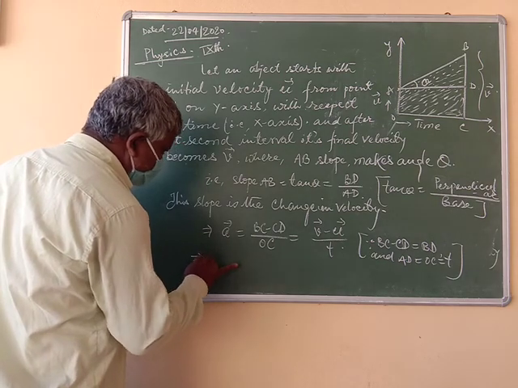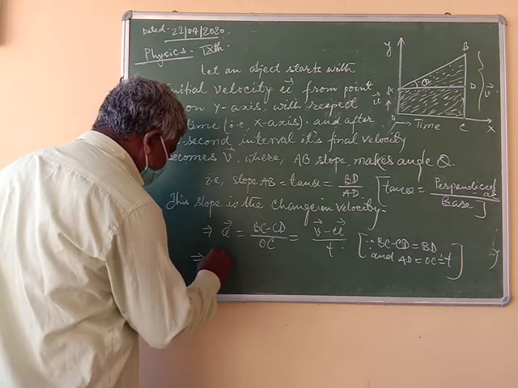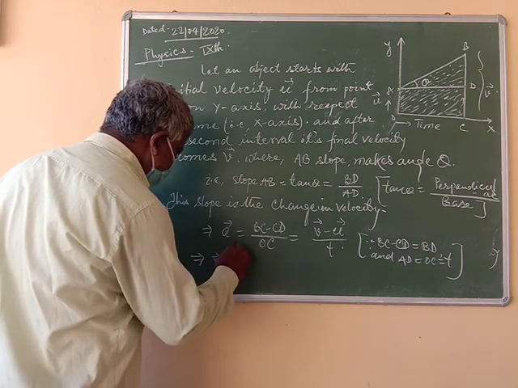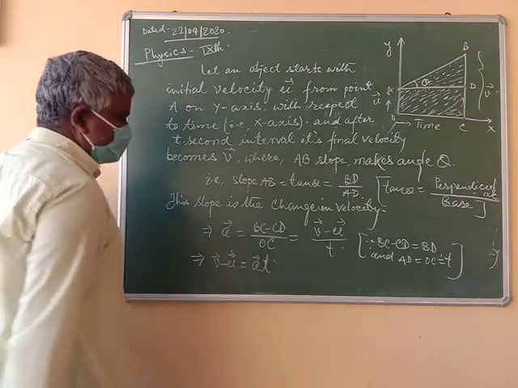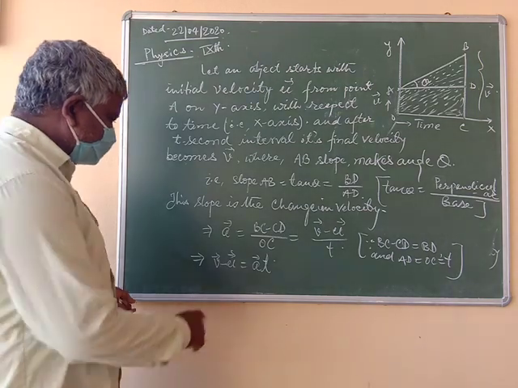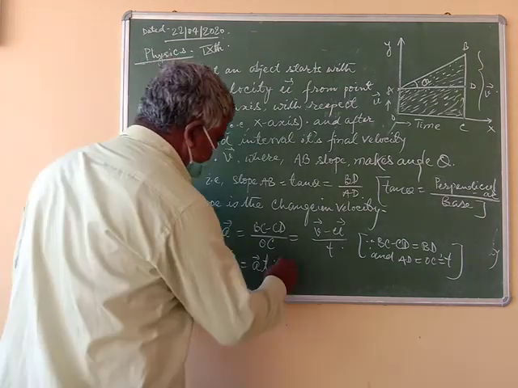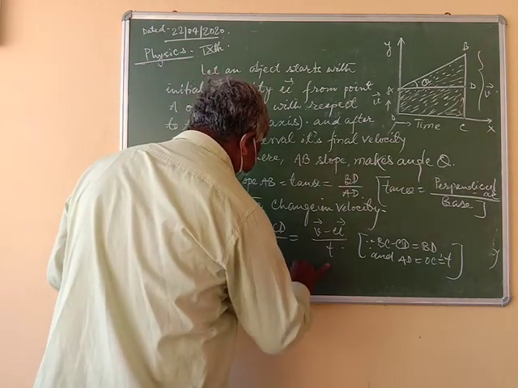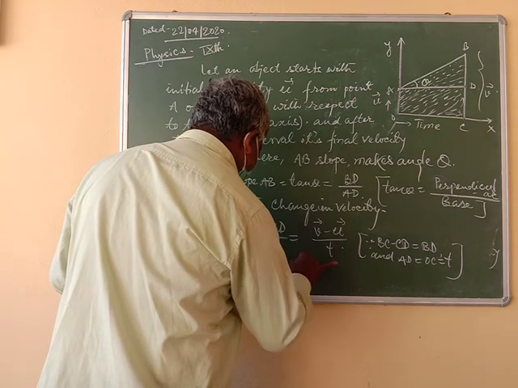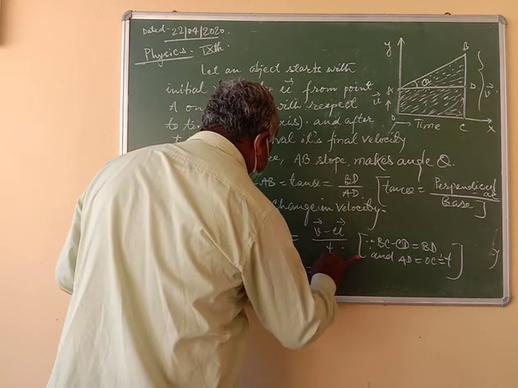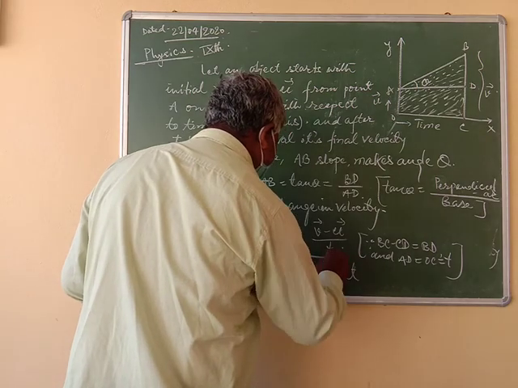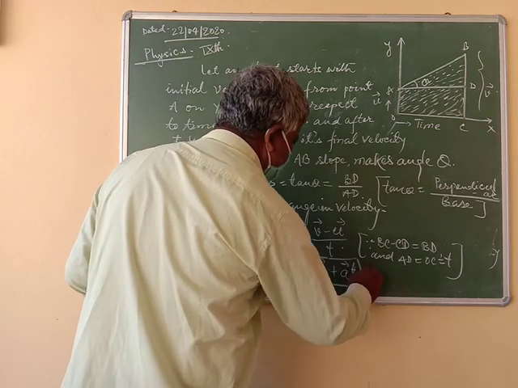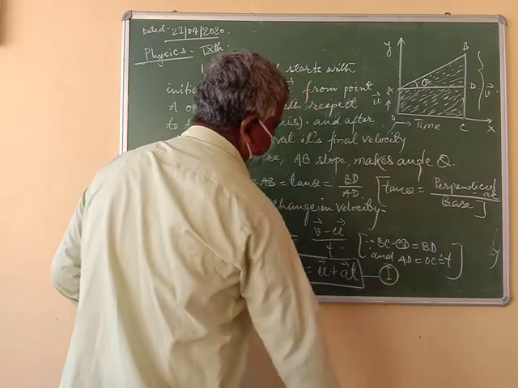As usual, it implies that final velocity v is equal to u plus at. This is the first equation.